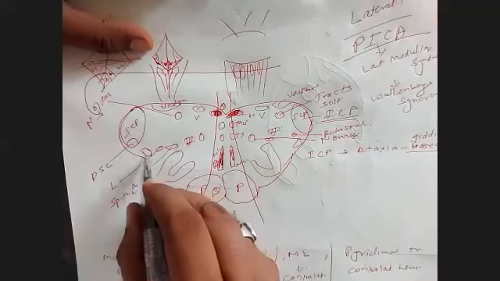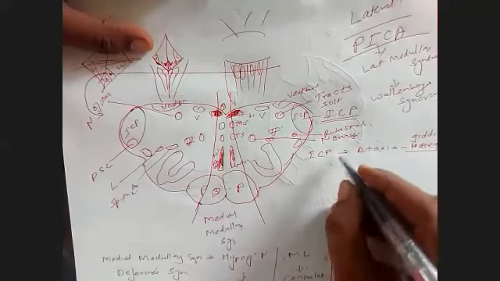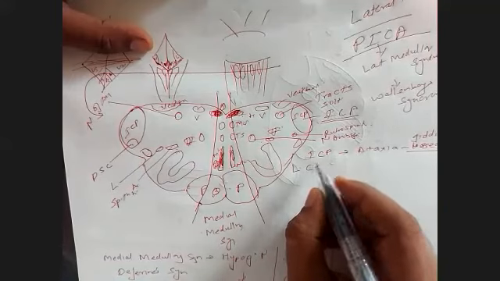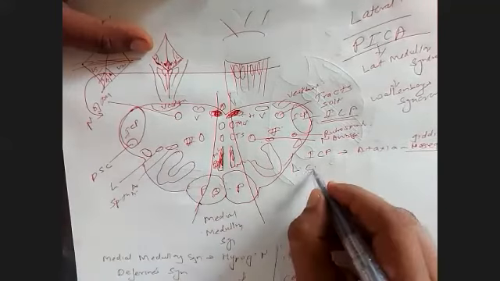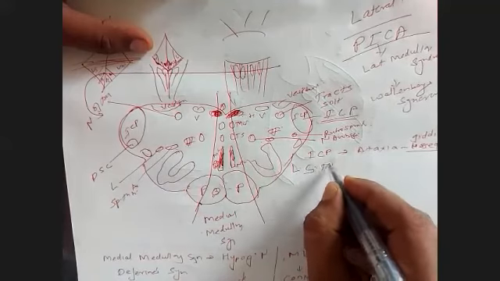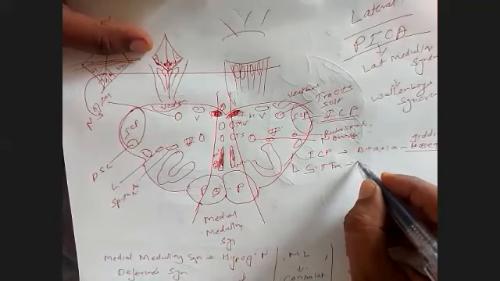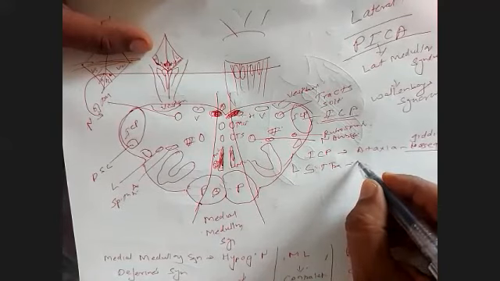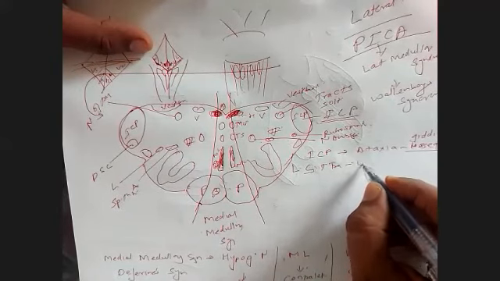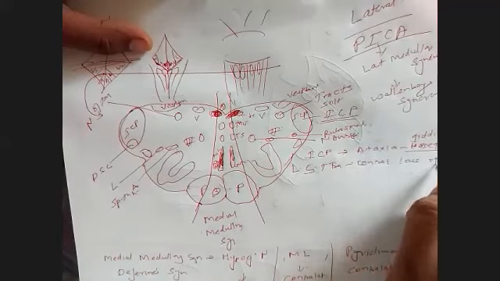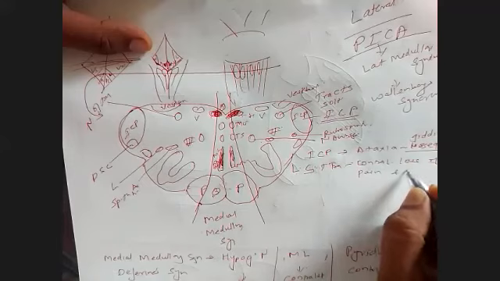The lateral spinothalamic tract. What happens when the lateral spinothalamic tract is affected? The pain and temperature of the opposite side, so contralateral loss of pain and temperature.